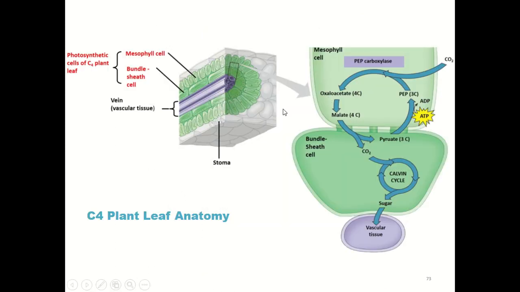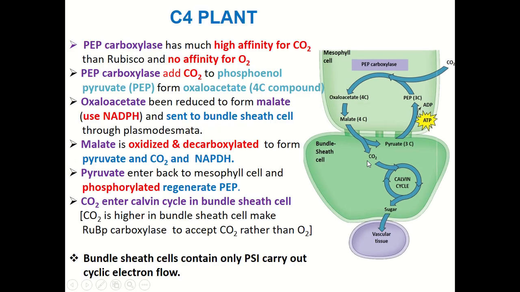For C4 plants, the first carbon fixation occurs in the mesophyll cell, in which it will cooperate with PEP carboxylase instead of Rubisco, and then the 4-carbon product, which is malate, will later go to the bundle sheath cell to undergo the Calvin cycle to produce the sugar.